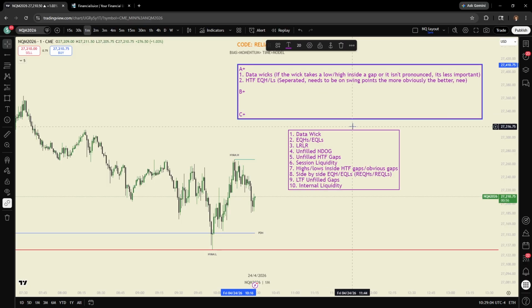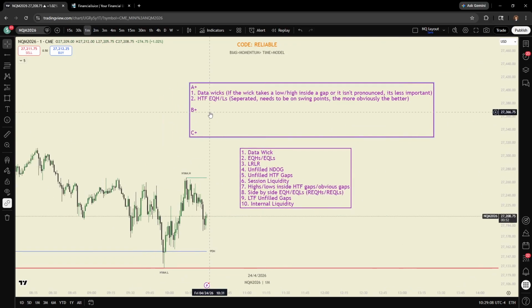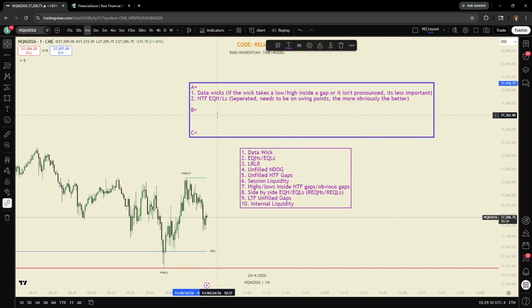Because the whole point of draw on liquidity is we want areas in price that are liquidity pools, and we want multiple liquidity pools in the exact same spot. The only exception to that rule is the data wick, right?